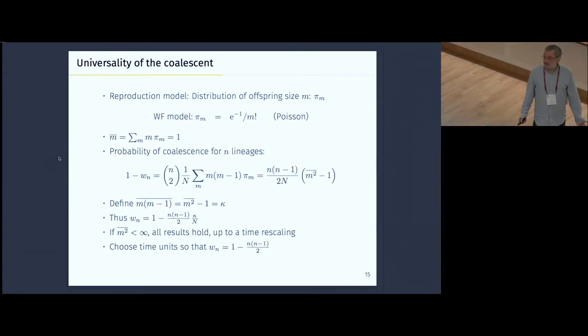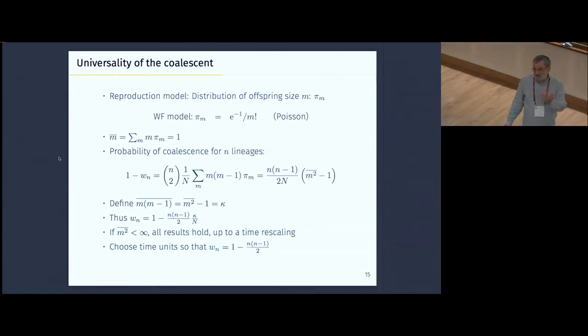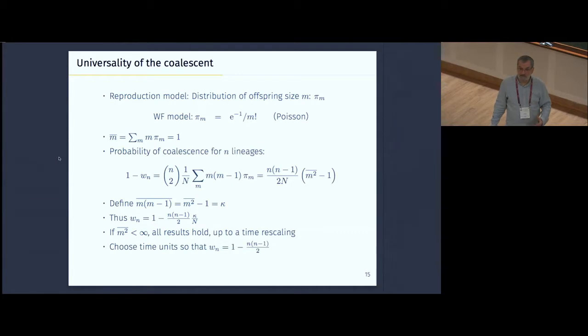So what is the other case? The other case is the one in which this guy is infinite. So you have a very, very wide spread of the number of offspring. And now I advance you one point. The result of the neutral genealogies holds for a great number of cases, as long as this variance in the number of offspring is finite.